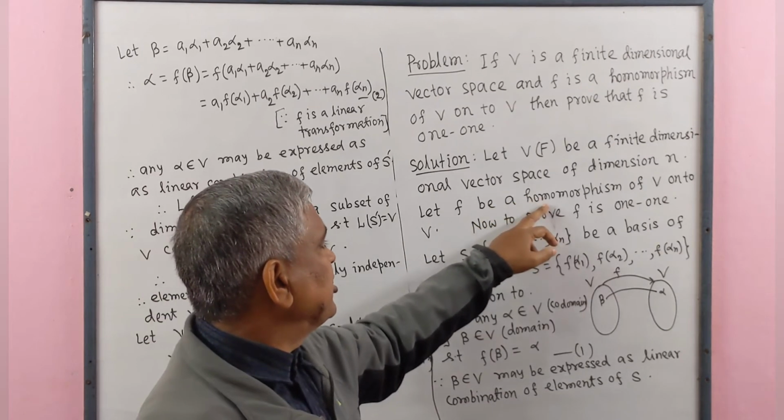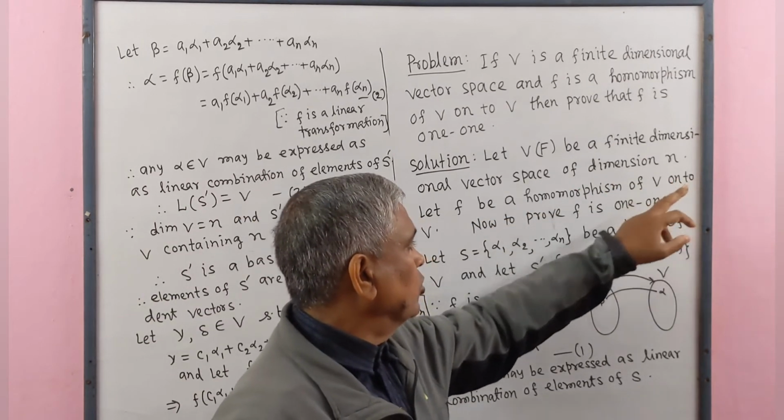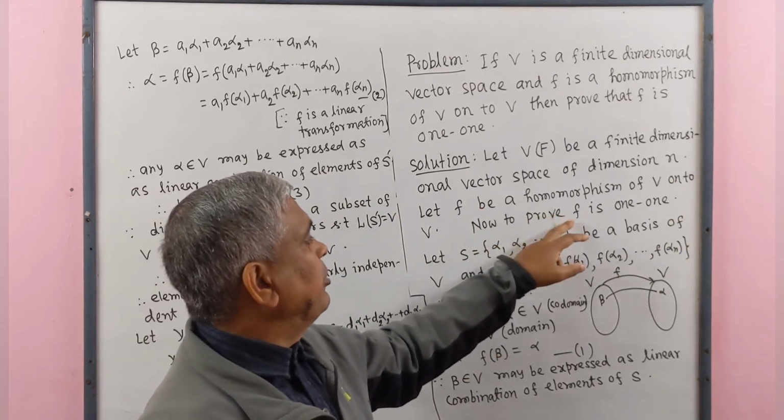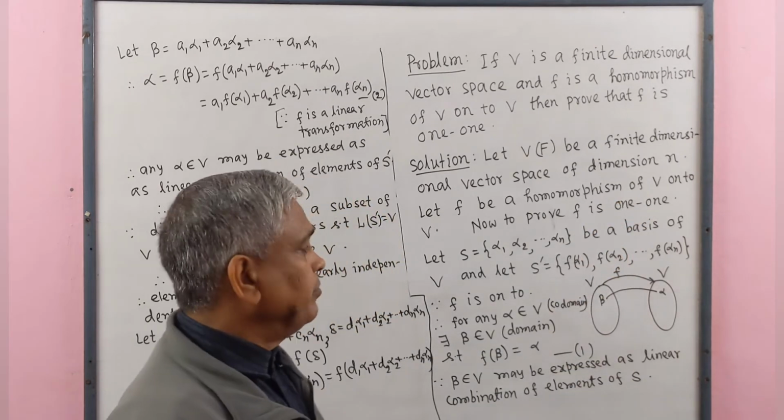Here f is a homomorphism and onto. Now to prove f is 1-1.